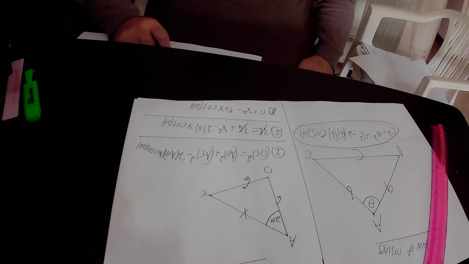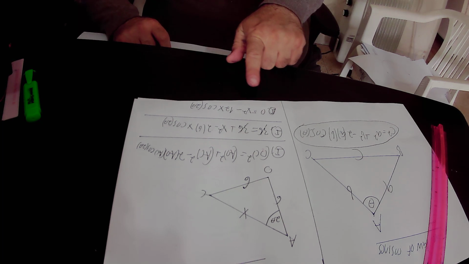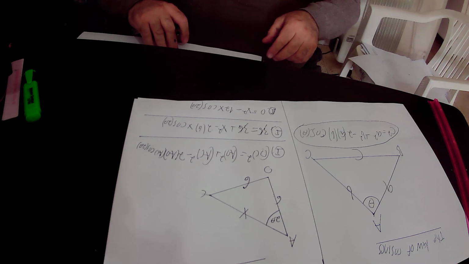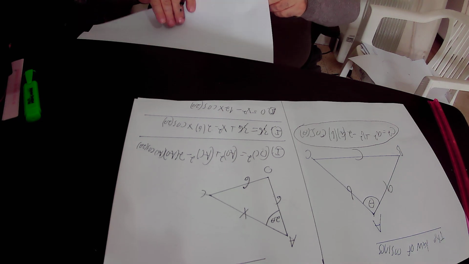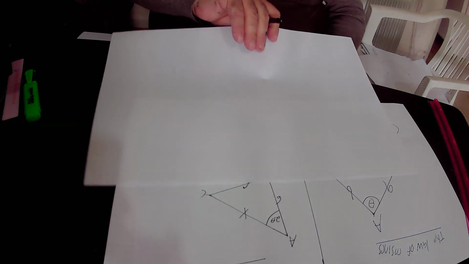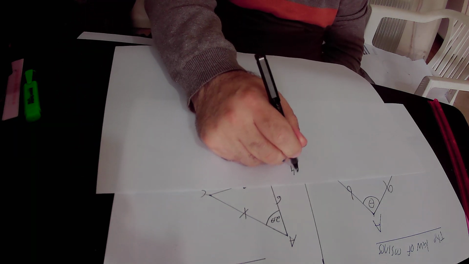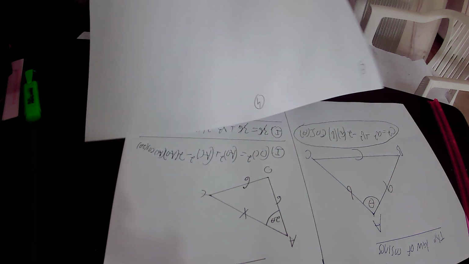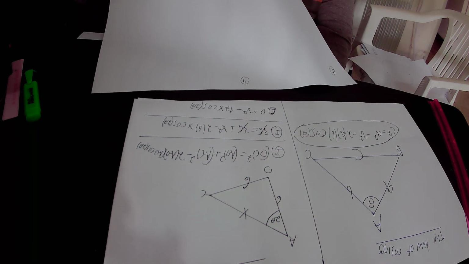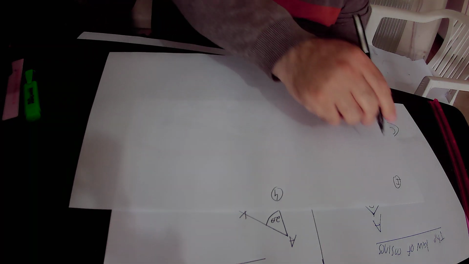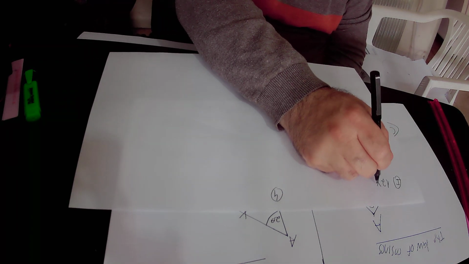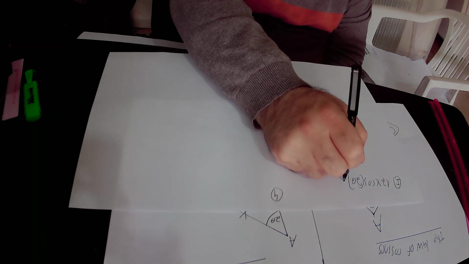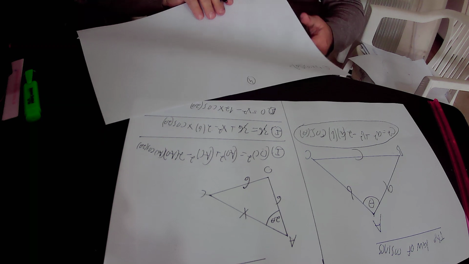So here we will add 12 x cosine 2 theta to this equation, and we get that 12 x cosine 2 theta equals x squared.